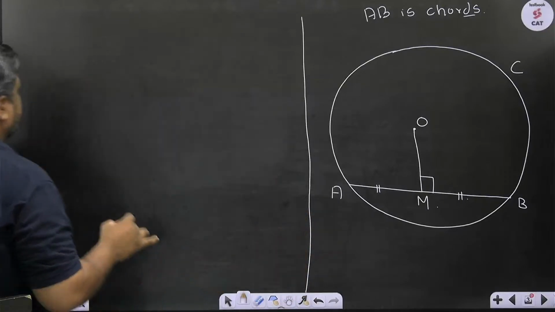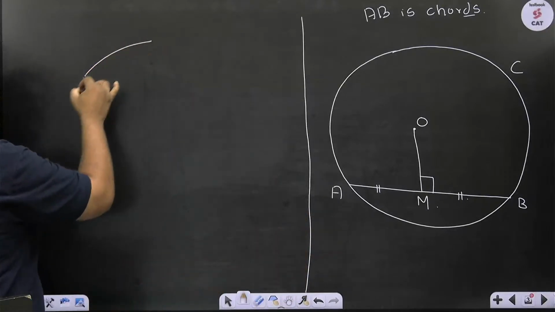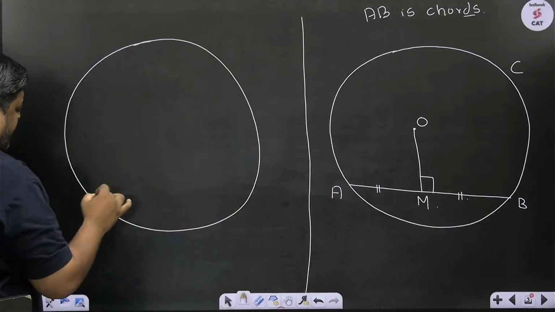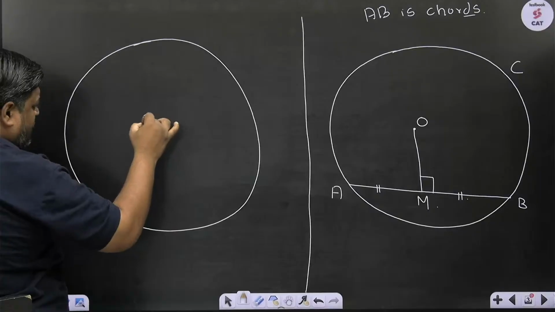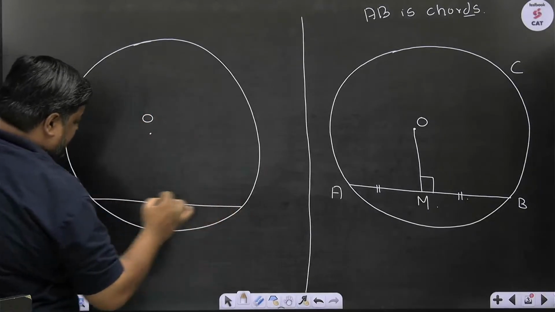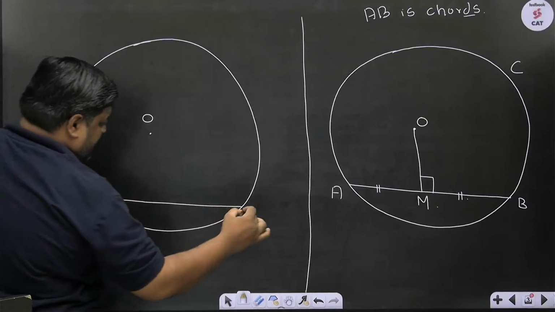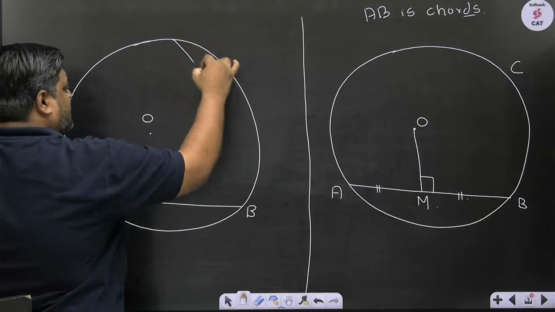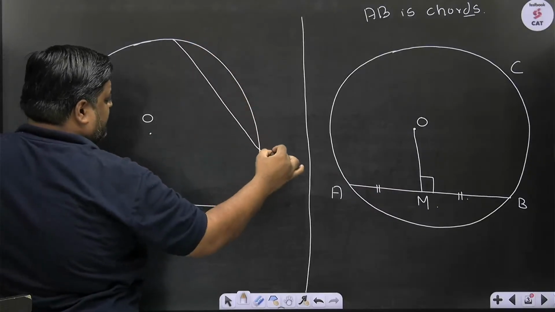Next. Again, let me draw a sweet round circle for you. Let this be the center O and let this be a chord AB, and let's say this is another chord CD.